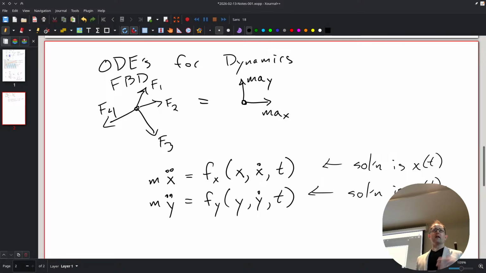And then from there, you could use x dot to say this is the velocity. That's the approach we took: here's my differential equation, I know what the initial values are, so I'm going to plug in what x of t should be to solve that second order differential equation.